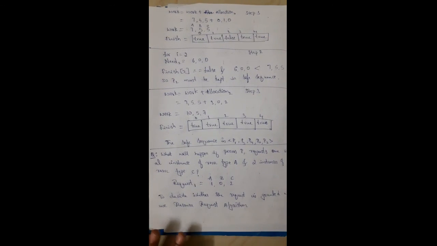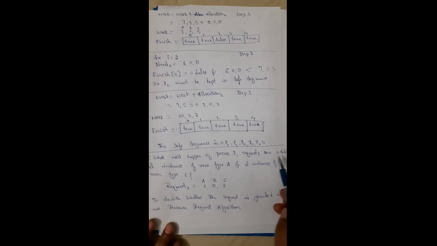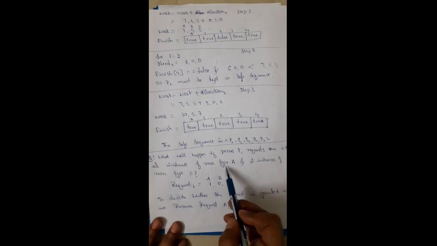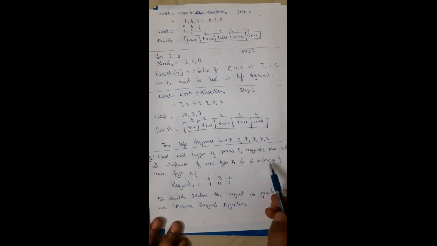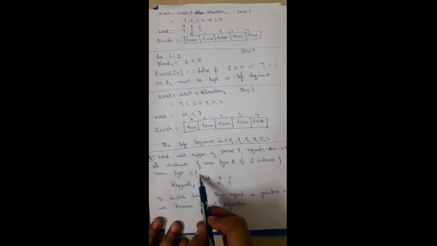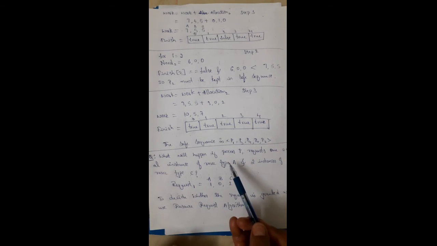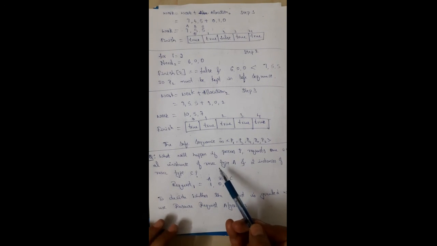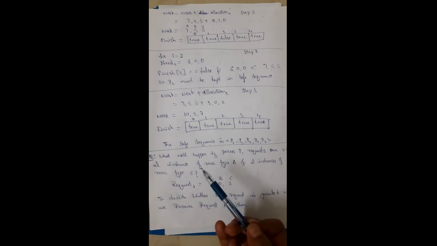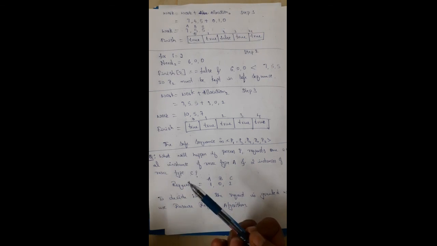Next part. Next question is, what will happen if process P1 requests one additional instance of resource type A and 2 instances of resource type C? Now the question is, what if there is an additional resource request from a particular process? Then will that request be granted immediately, or does the particular process have to wait?